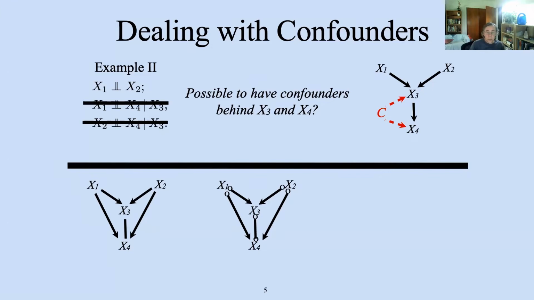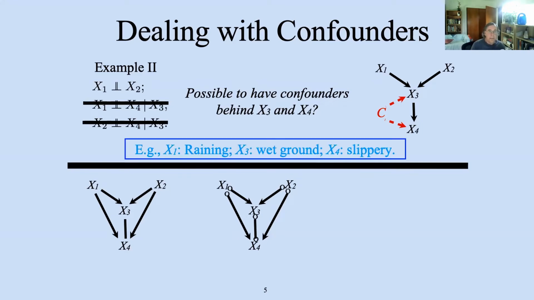And when we interpret it, we'll see that a direct edge between two variables should not be interpreted as indicating that there's a path from x1 to x4 that doesn't go through x3. That would be a misinterpretation of the second kind of graph, which we'll talk about later.